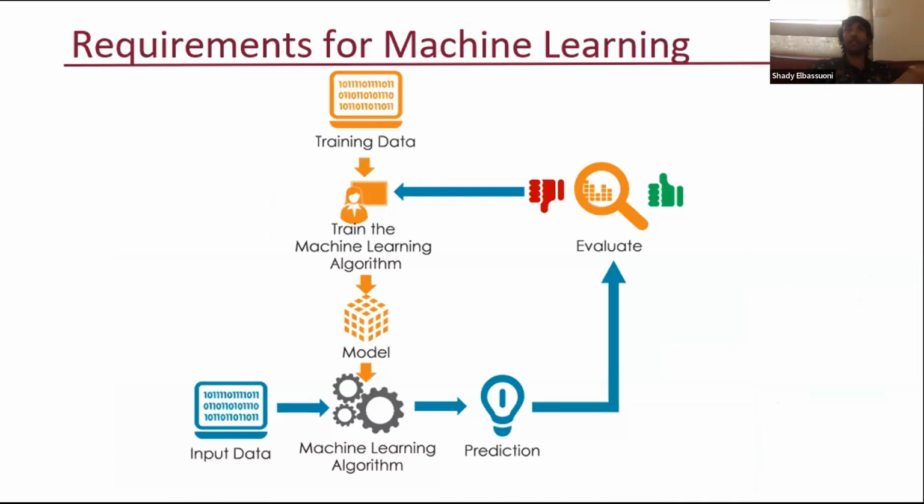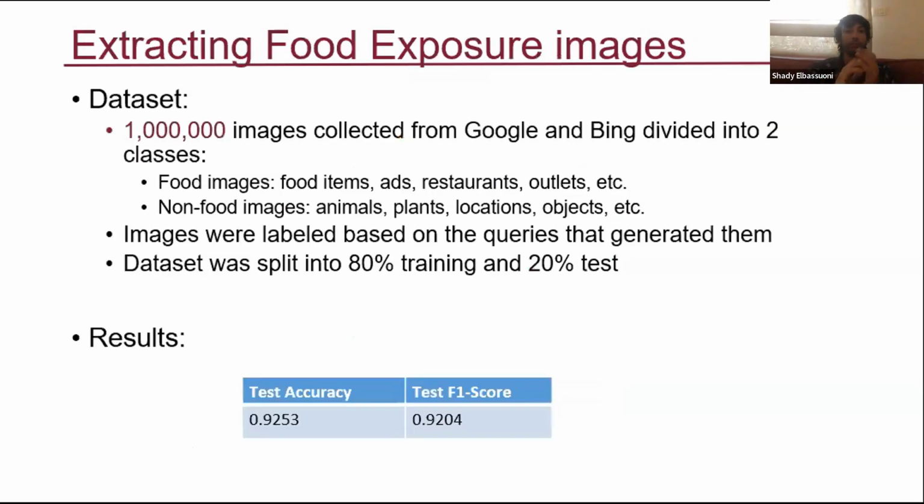The model is applied on the test data, which is used to evaluate it using standard metrics like precision, recall, accuracy, and F measure. Based on the evaluation, either the model has to be tuned by adjusting the training data or the model itself, until we're satisfied with its performance, and then we can deploy it in real user studies.